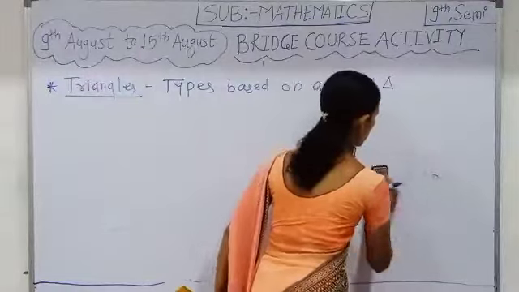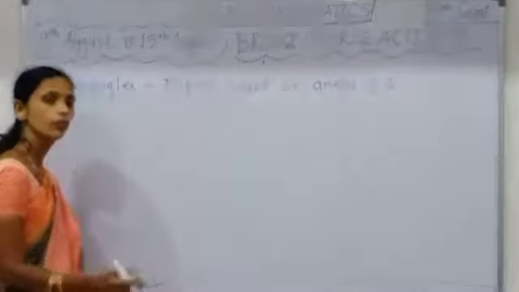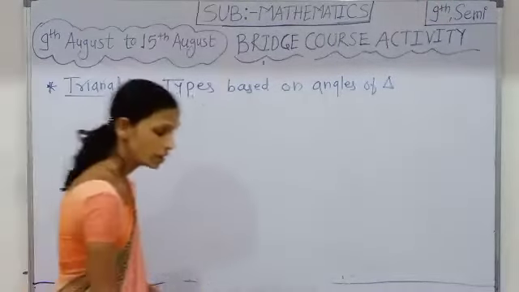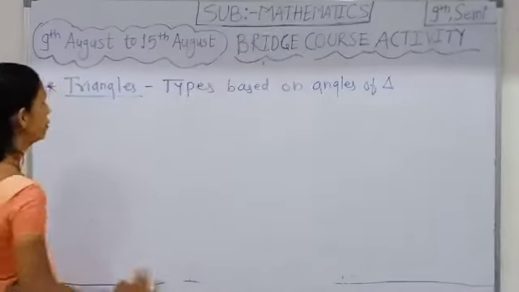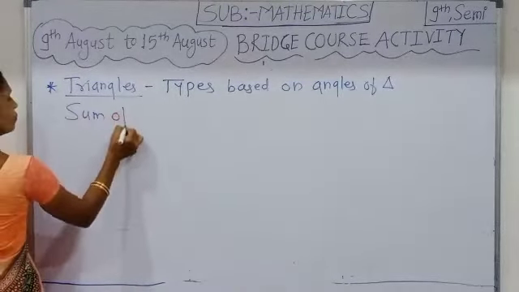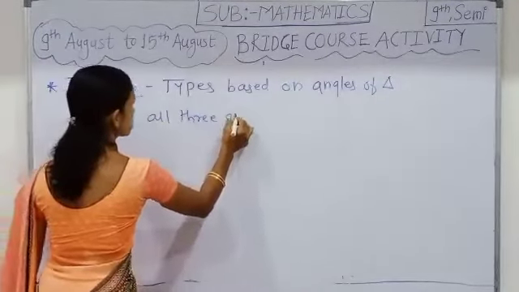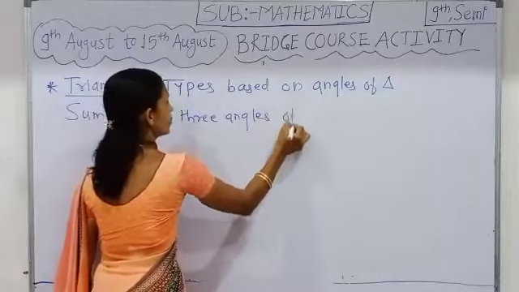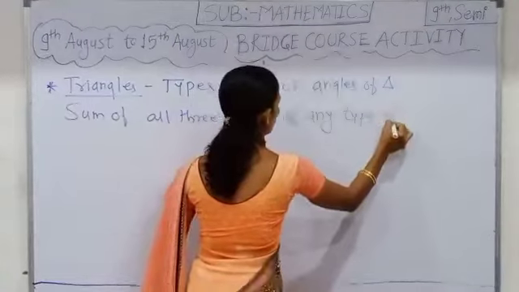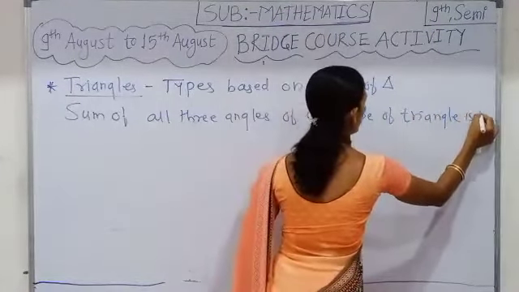Then we will discuss a few properties related to the right angled triangle. First of all, you have studied that the sum of all three angles of any type of triangle is 180 degrees.